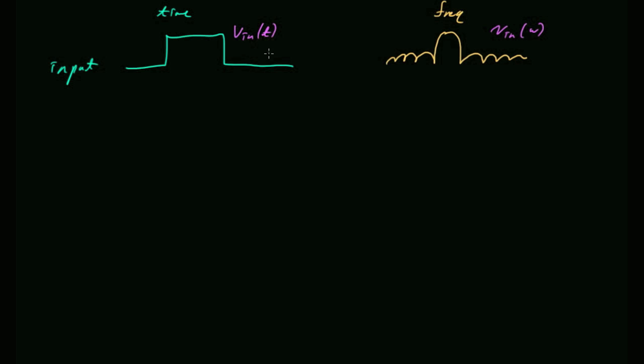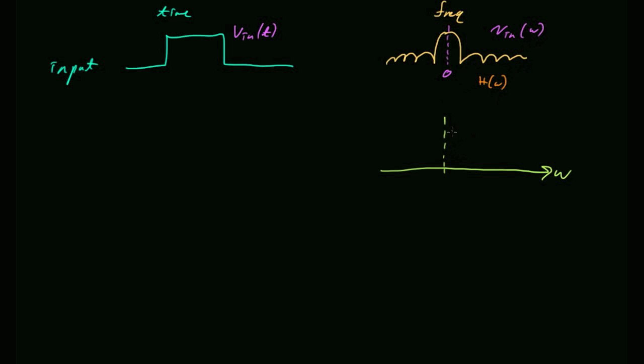Then the next thing we said was we were going to low-pass filter this. Remember, that's 0. So we had a transfer function that was a low-pass filter that looks something like that.